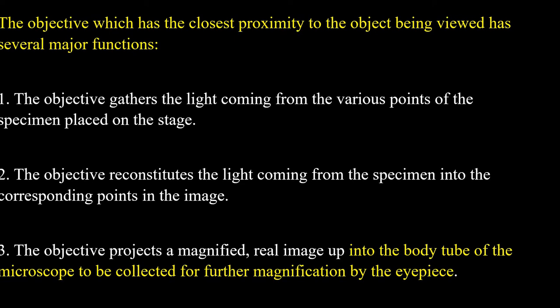The objective reconstitutes light coming from the specimen into corresponding points in the image. 3. The third function of the objective projects a magnified real image up into the body tube of the microscope to be collected for further magnification by the eyepiece.